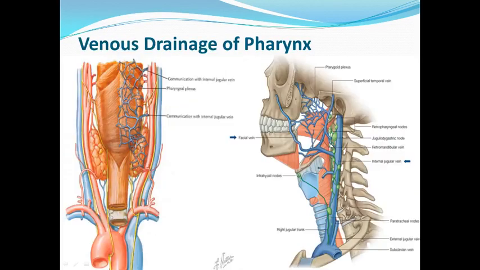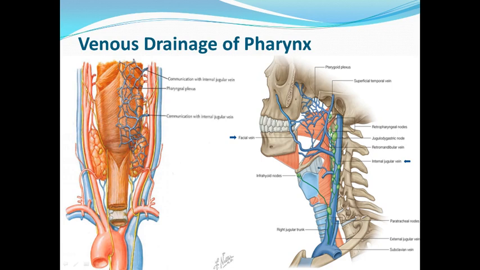Talking about the venous drainage of the pharynx, the venous blood will be drained into the plexus which is formed on the posterior wall of the pharynx. You can trace in this figure, this is the posterior wall of the pharynx, and on this posterior wall there is a plexus of veins called the pharyngeal plexus.